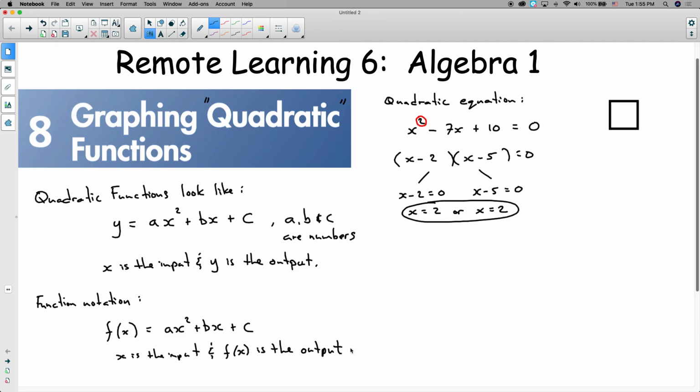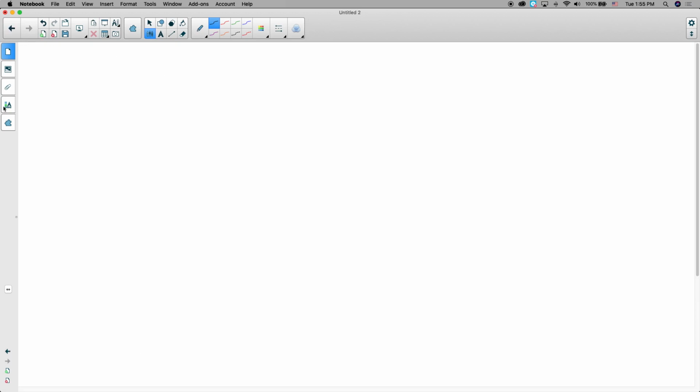Okay, so let's play around with a very basic quadratic function. So let's graph the most basic quadratic function that there is.